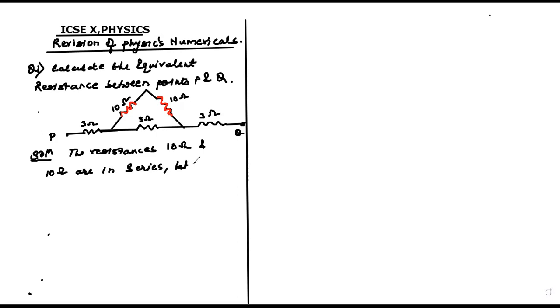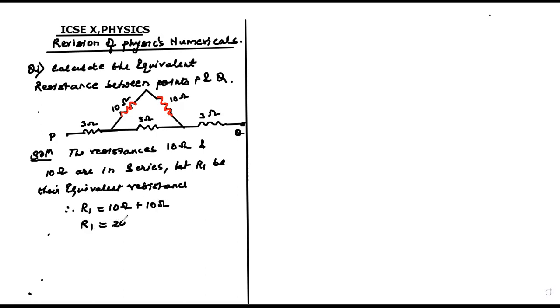Let R1 be their equivalent resistance. Therefore, R1 equal 10 ohm plus 10 ohm. So R1 equal 20 ohms.